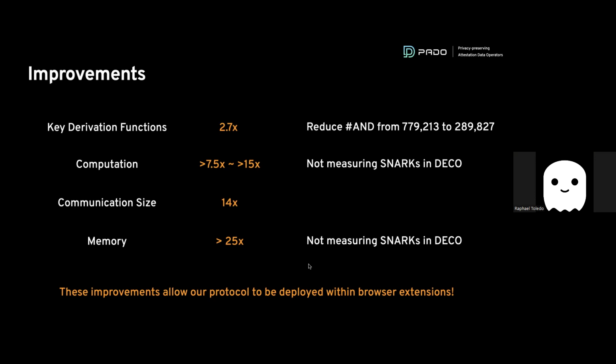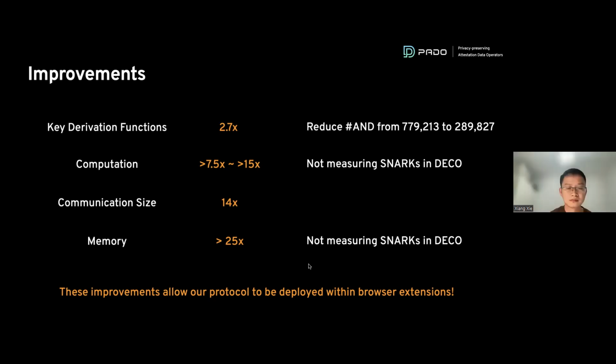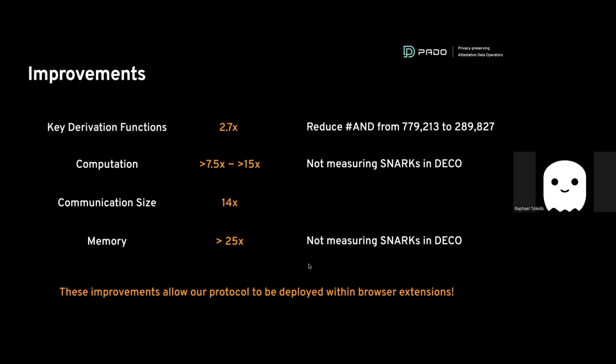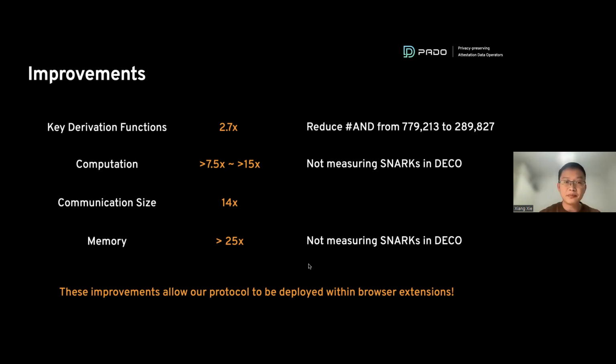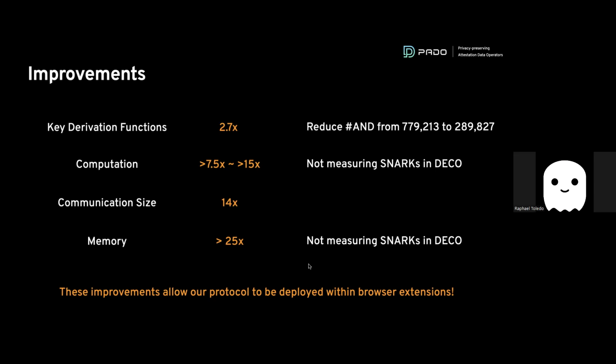I do have a question, however. When you talk about 3 times, 10 times improvements in speed, you say that you were only looking at the MPC part, sorry, the communication part with DACO, if I understand well. So actually we implement all the details of our protocol, and we implemented the MPC part of DACO.